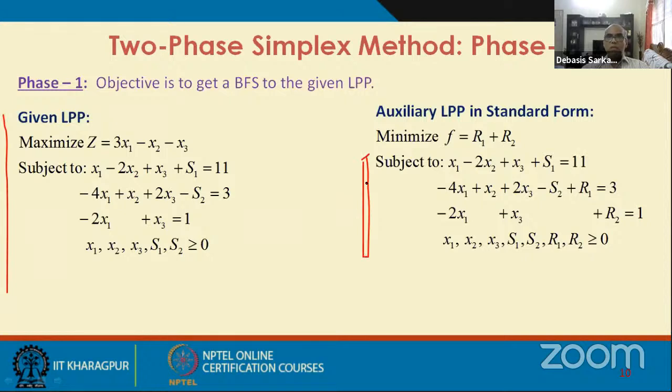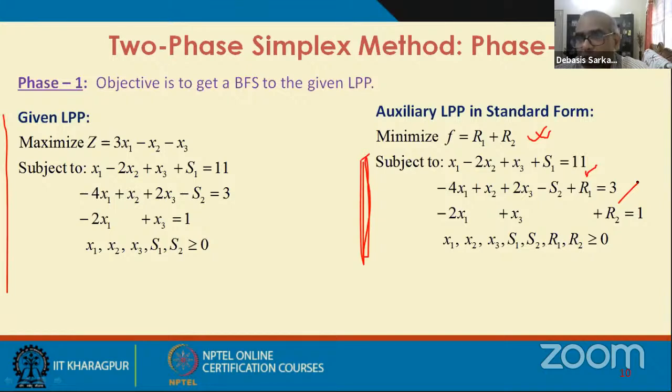Now, in phase 1, I solve these constraints with an objective function which says you minimize R1 plus R2, the sum of all the artificial variables that I have introduced. If I introduce only one artificial variable, you will minimize, say, R1 only.